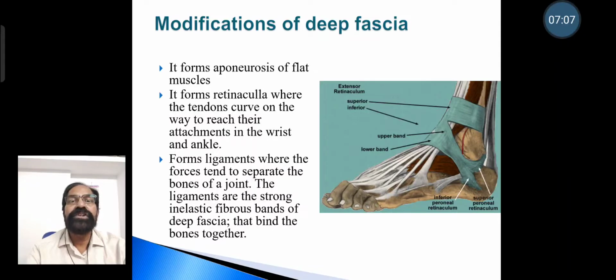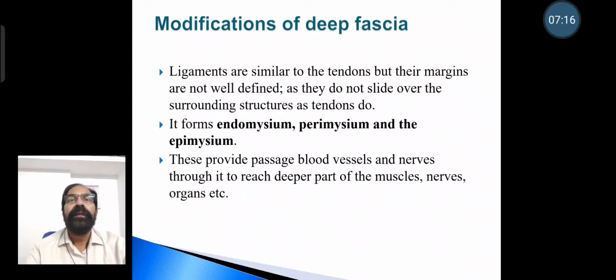The ligaments are strong, inelastic, fibrous bands of deep fascia that bind the bones together. Ligaments are similar to tendons, but their margins are not well defined, as they do not slide over the surrounding structures as tendons do.